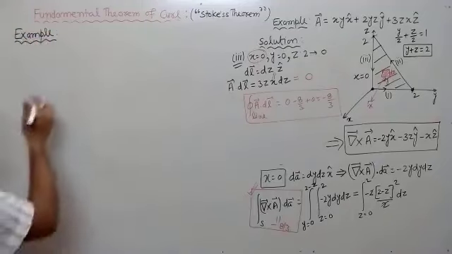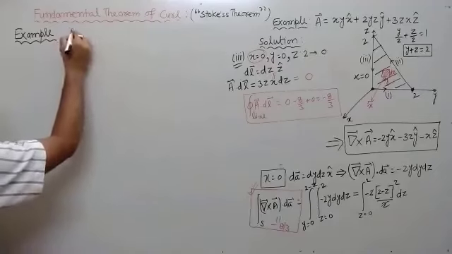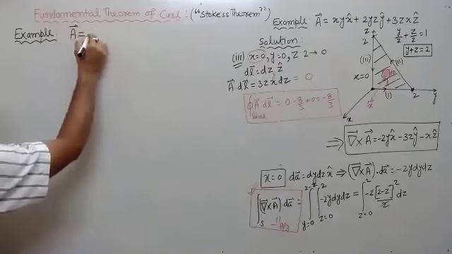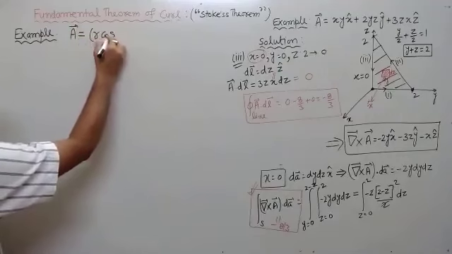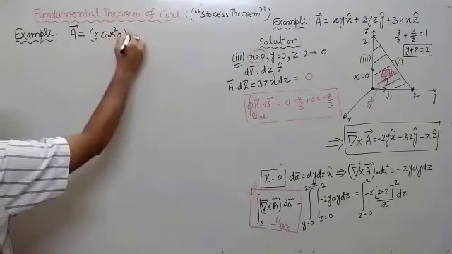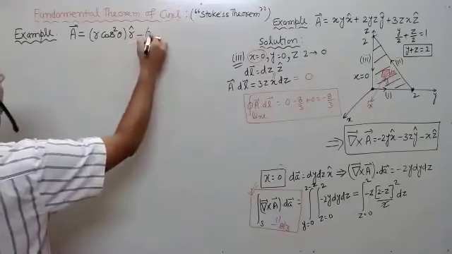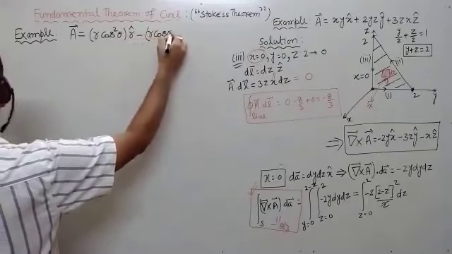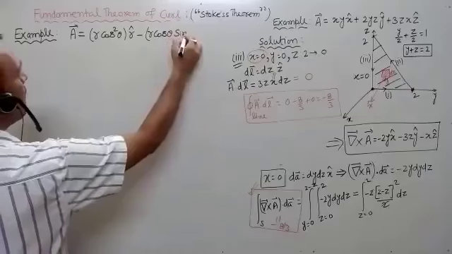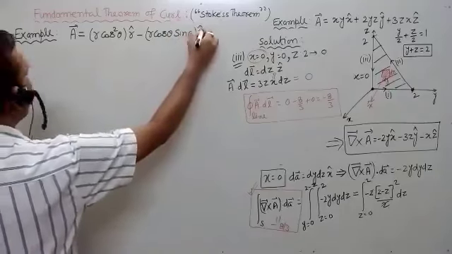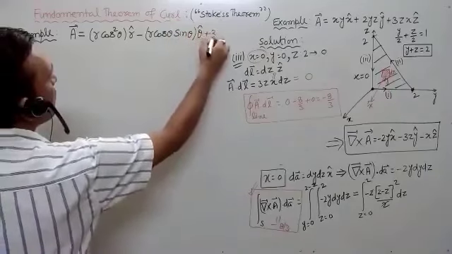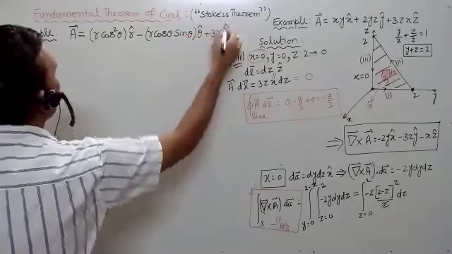So next example, vector A is r cos square theta r cap minus r cos theta sin theta theta cap plus 3r phi cap.